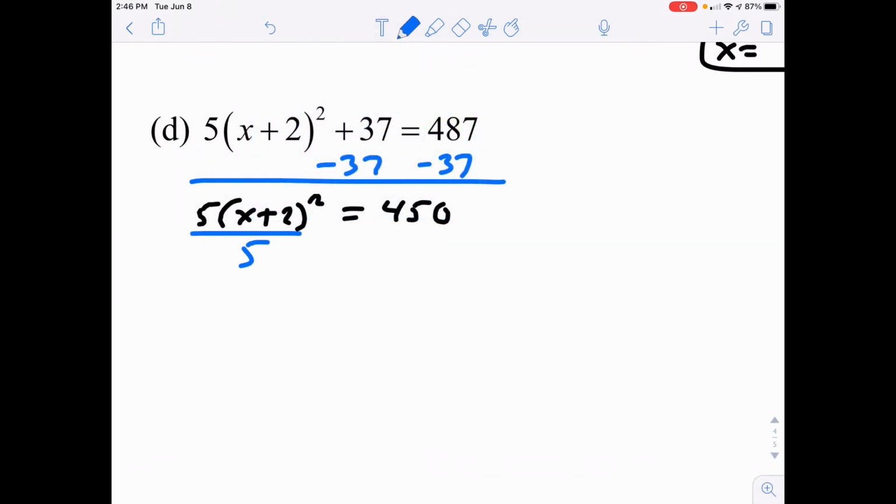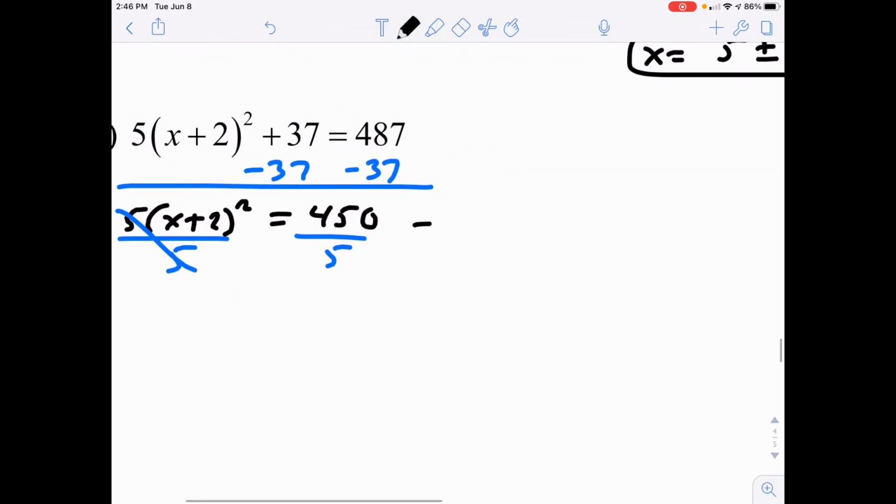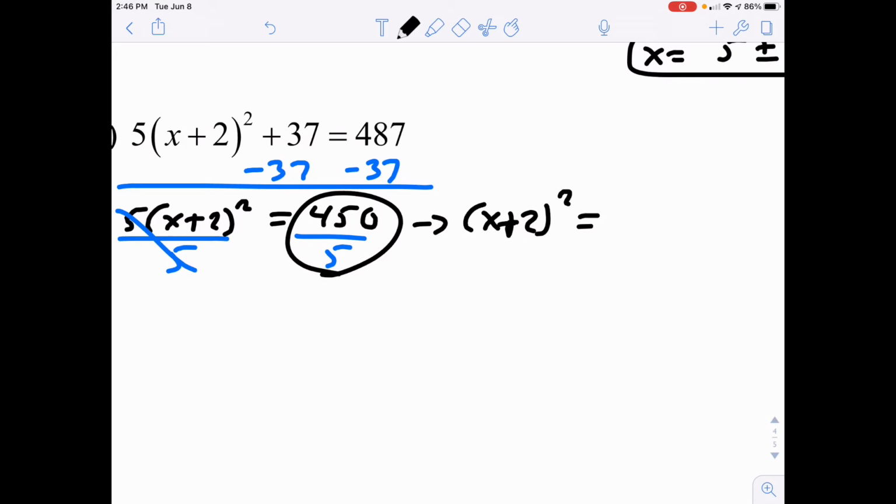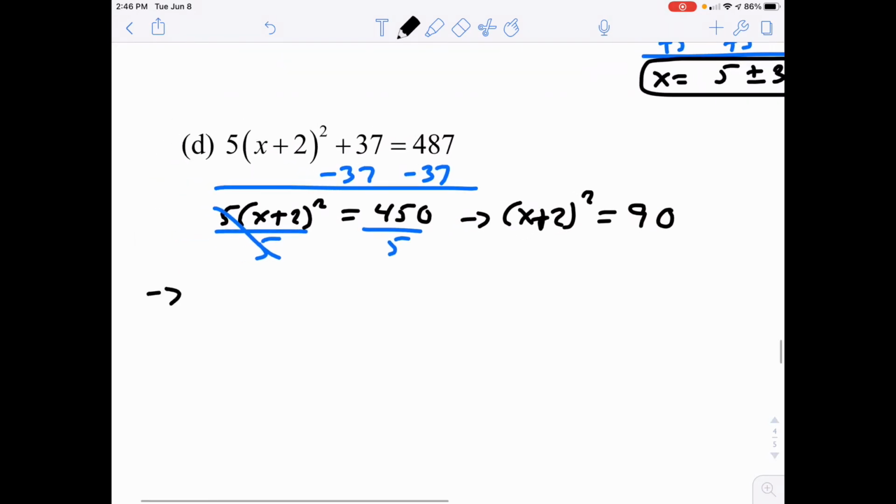Then we'll divide by 5 both sides, rewrite. And we get the quantity x plus 2 squared equals 90, since 450 divided by 5 is 90. I'm going to copy that again down here. X plus 2 quantity squared equals 90.